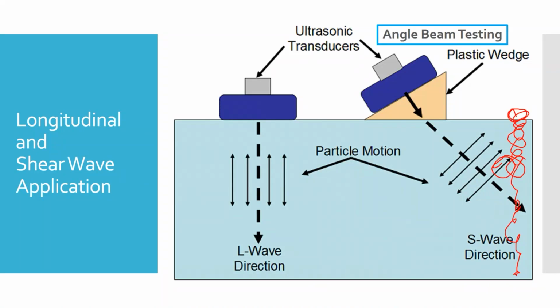And you can see as you move this to the left, the sound would come in and it would hit further down. And if we move it to the right, the sound would come in and hit further up. And so we're able to move it side to side, left to right, and we're able to scan up and down the height of that weld to check for something like proper weld penetration, or look for voids or other stuff like that. So you'll see angle beam testing used in those scenarios.